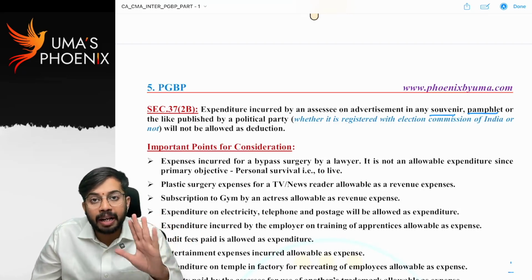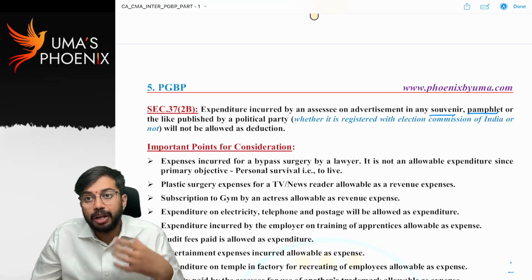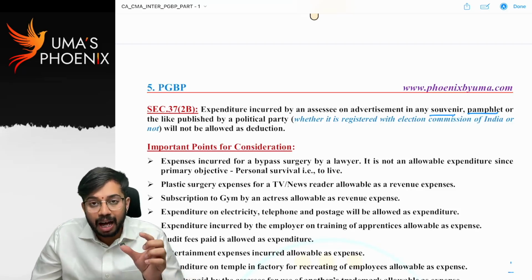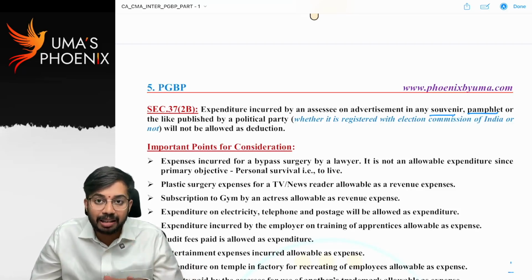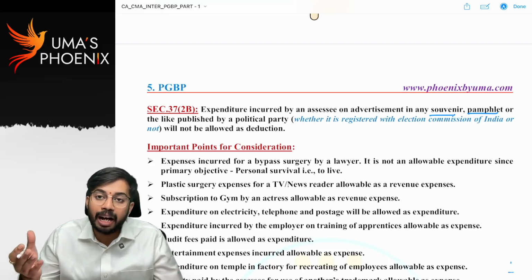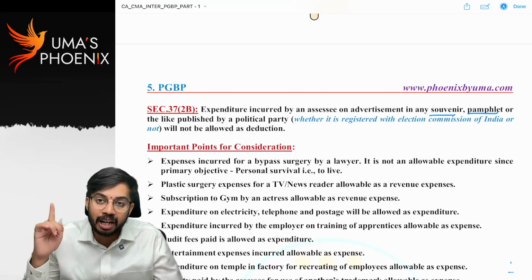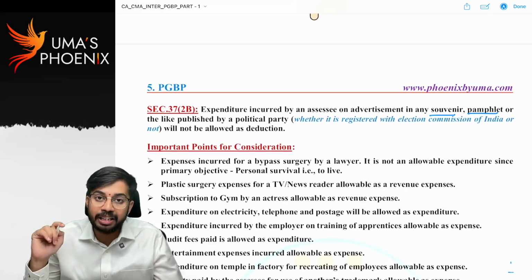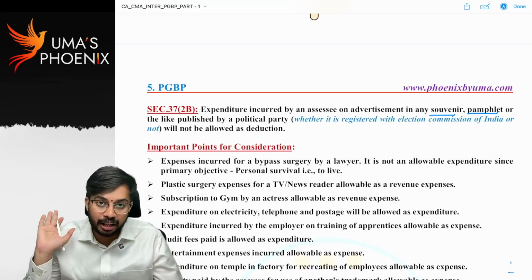See, in political party calendars, pamphlets, if you give any advertisement, whatever amount you are giving for that advertisement is considered as political party contribution and will not be considered as business expenditure and is not allowed as deduction under the head PGBP. So any amount given to a political party for advertisement in a political party pamphlet or calendar is not a business expenditure. But that amount the assessee can claim as deduction under section 80GGB or 80GGC under Chapter VI-A deductions.